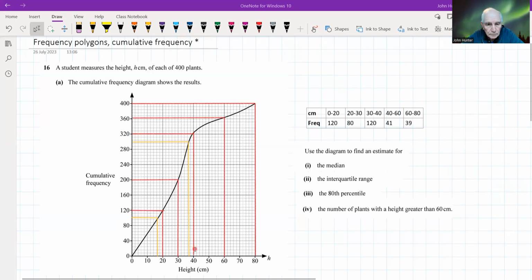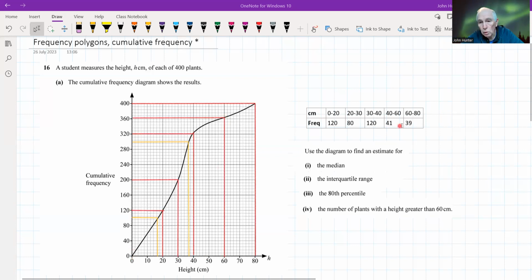Now, judging by the graph there, if we choose 0 to 60, let's say, that would give us 361 as a cumulative. So the number's slightly odd, but I've just tried to reflect it accurately because that helps. So that is that block.